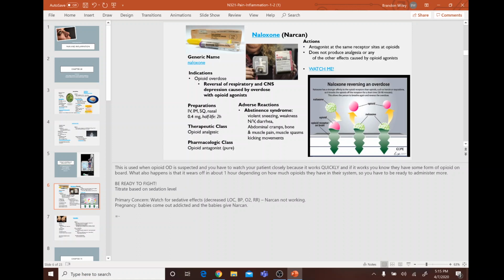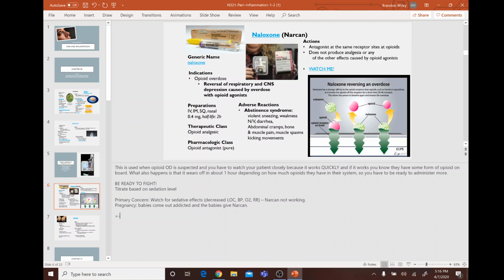Antagonist at the same receptor sites as opioids, does not produce analgesia or any of the other effects caused by opioid agonists. How is naloxone prepared? IV, IM, sub-Q, nasal, 0.4 mg with a half-life of 2 hours.